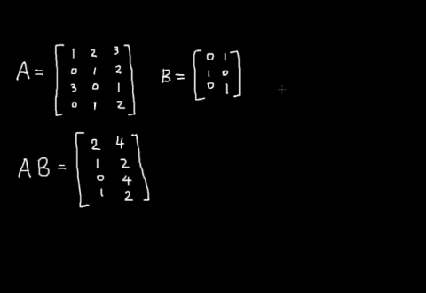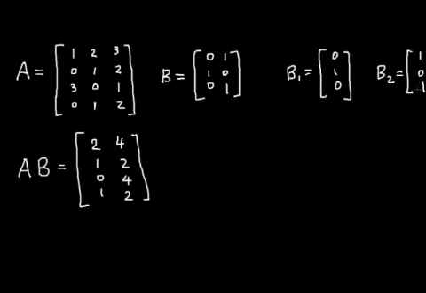And namely, let us first of all write out explicitly what B1 and B2 are. So B1 is going to be 0, 1, 0, and B2 is going to be 1, 0, 1. And let us explicitly work out AB1 and AB2 separately. So what is going to be AB1? AB1 will be the matrix A times that column.